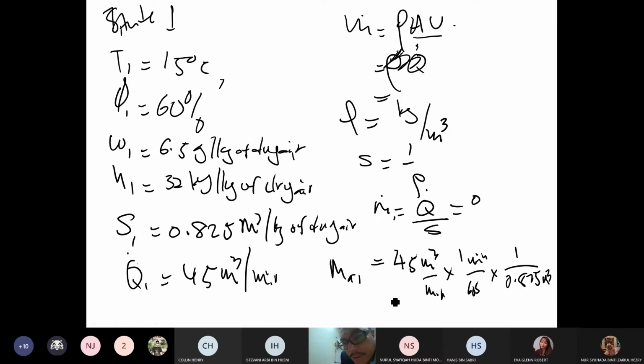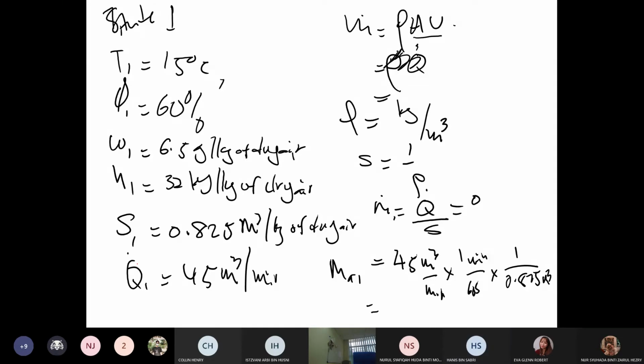So what you have here, this is the mass flow rate, tapi besar sangatlah. Cuba kira kejap. 45 divided by 60 and then times 0.825. Cuba kira kejap berapa tu nilai dia? 0.909.